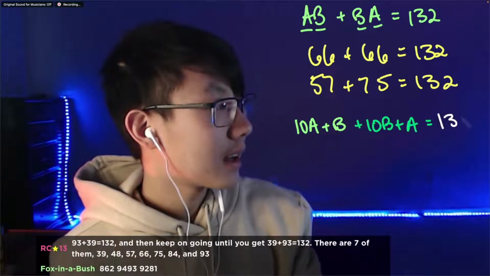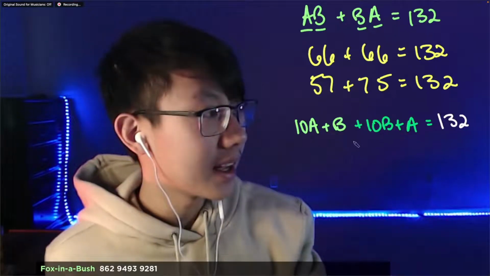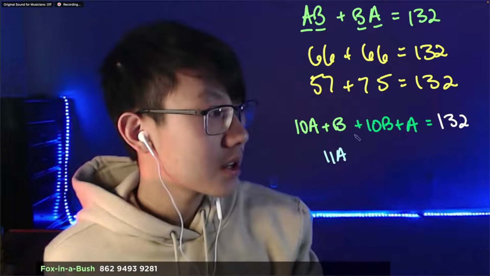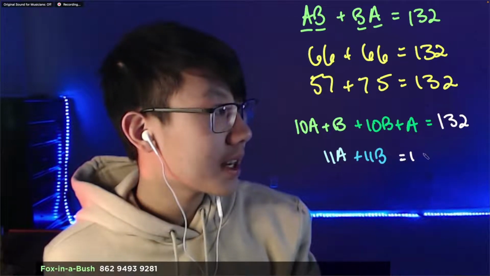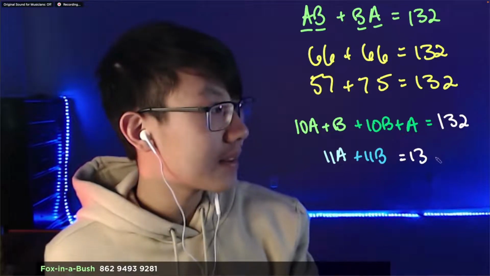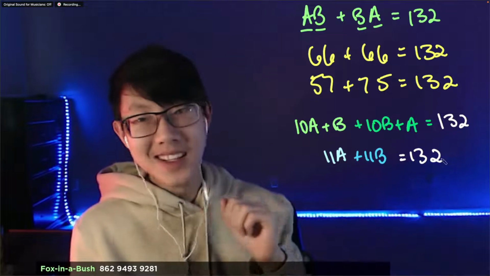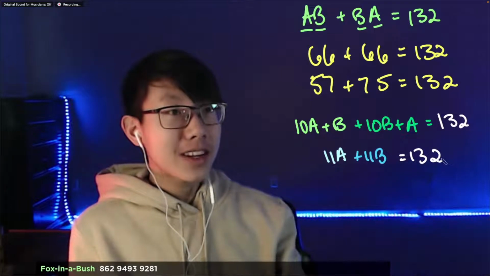Now we can combine these. 10A plus A is 11A, and 10B plus B is 11B. What can I do with 11A plus 11B equal to 132? Factor out 11, way to go.